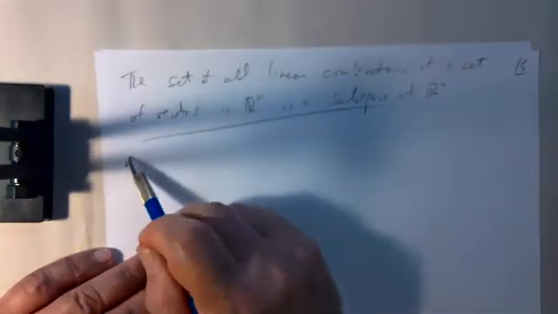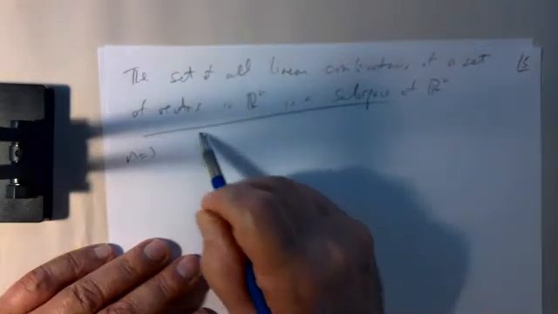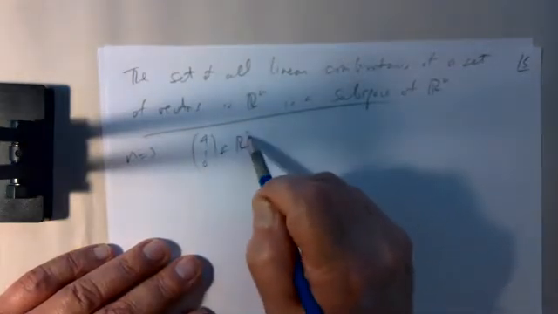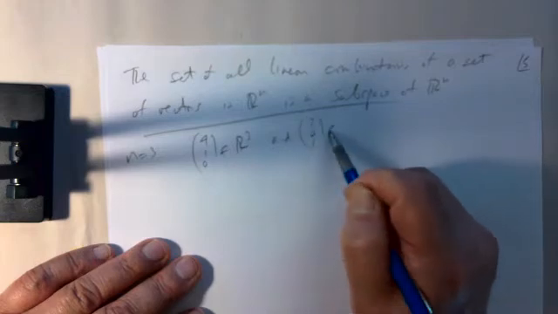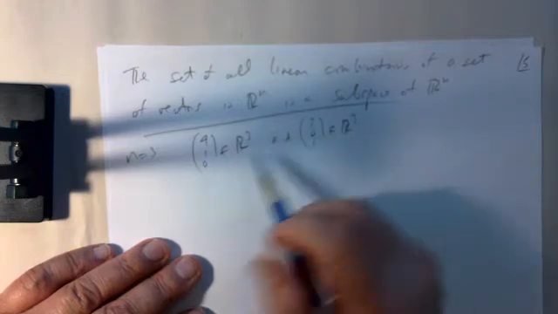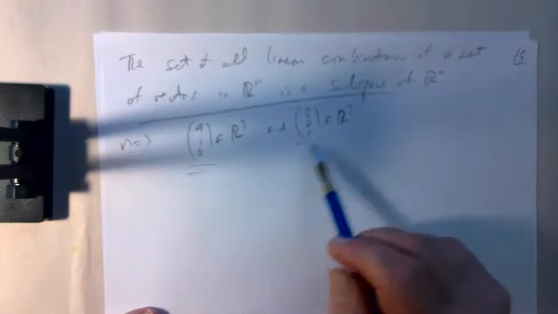And in this case, n equals 3, and we have the vector 4, 1, 0 in R3, and the vector 3, 0, 1 in R3. And W, the solution space, is the set of all linear combinations.